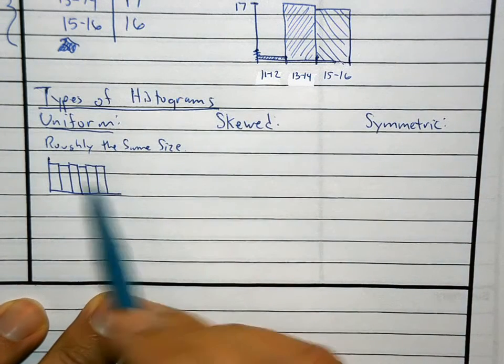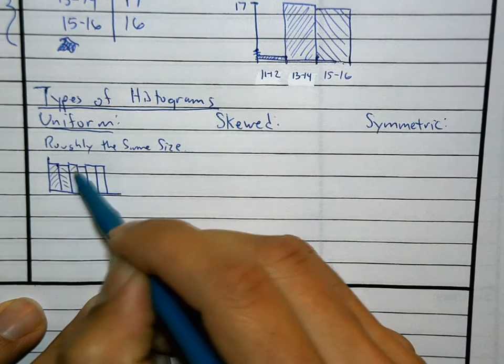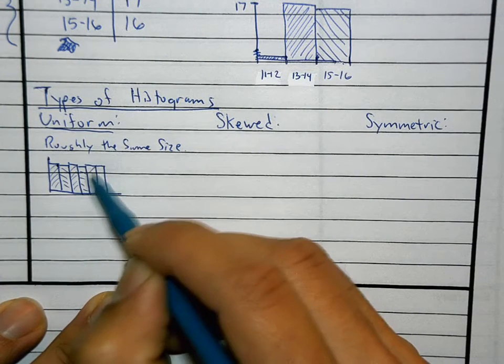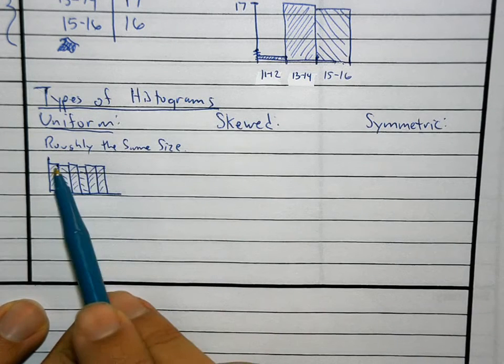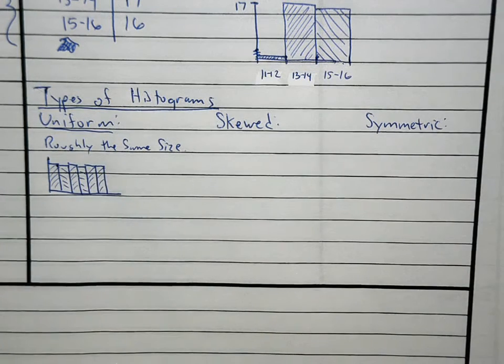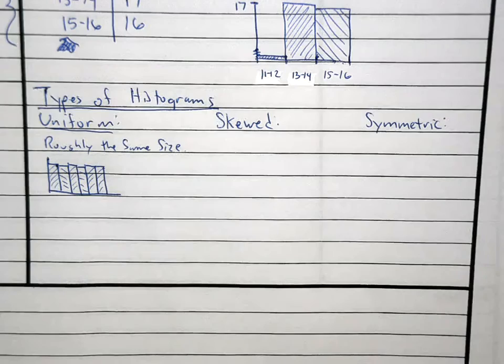If you had a histogram and the histogram was roughly almost all the same size categories, that would be a uniform type of graph.